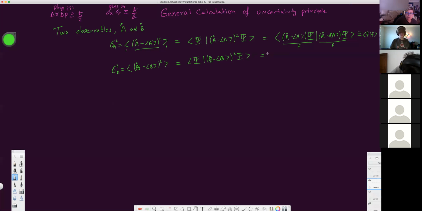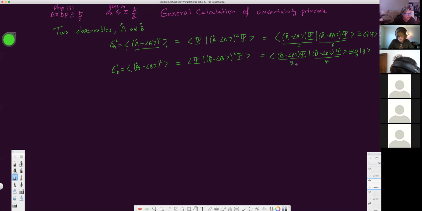Because B is Hermitian, we can do exactly the same thing, and we write B hat minus expectation value of B acting on psi on this side, inner product with B hat minus the expectation value of B acting on psi on this side. And we're going to define that as G inner product G, right? So this guy is G, right? G inner product G. And that's just because it's going to get nasty.